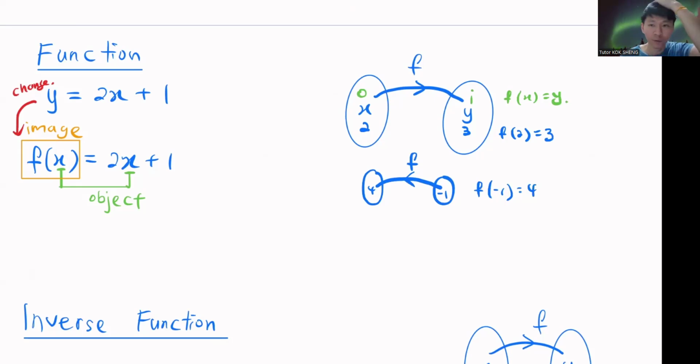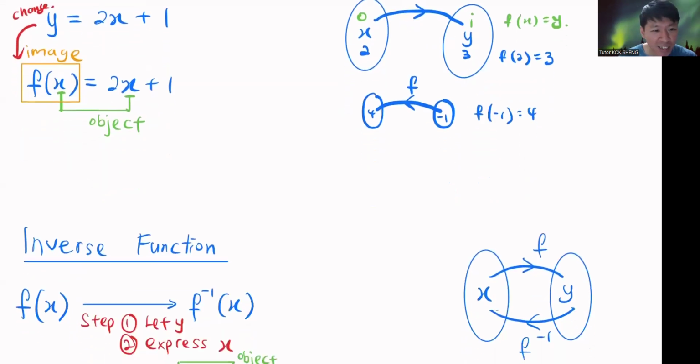Okay, good. Your function here should be okay for you. Just that you have to see the arrow only, because most of the time the arrow is going to the right side. But sometimes it can be the opposite direction. Okay, next.